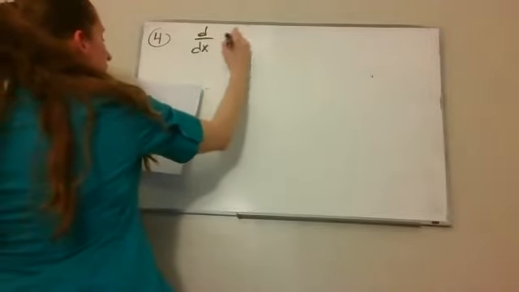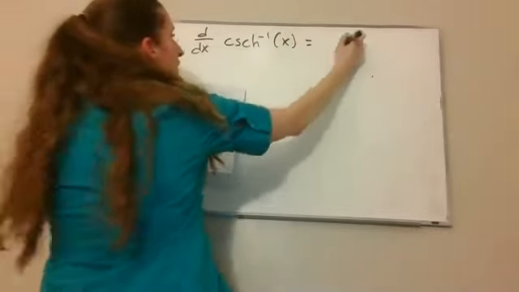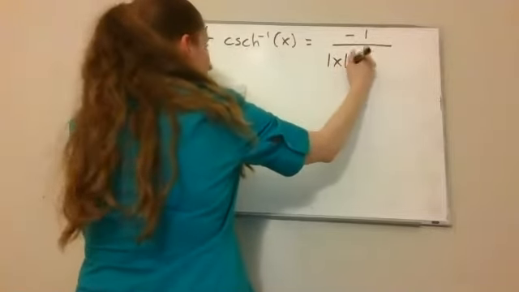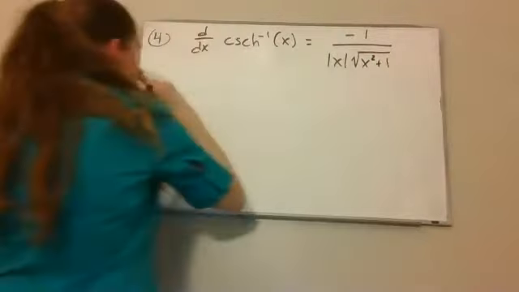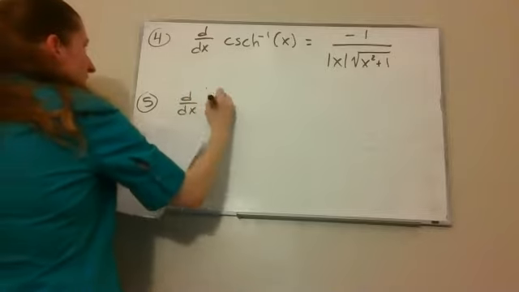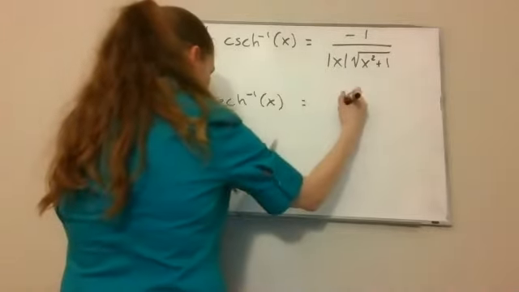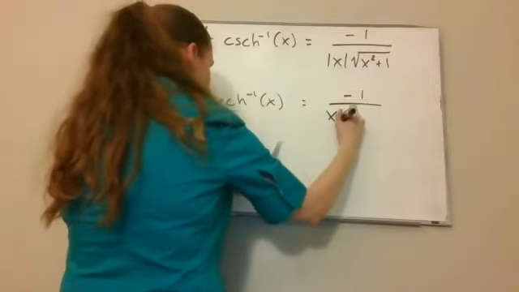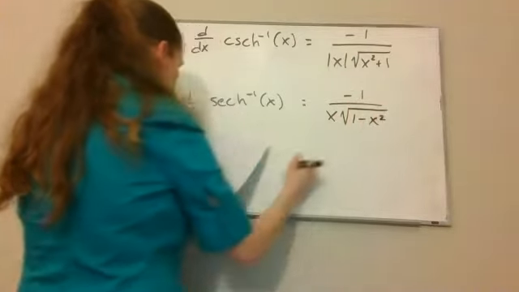The derivative of a hyperbolic cosecant inverse is -1 over the absolute value of x times the square root of x squared plus 1. The derivative of hyperbolic secant inverse is equal to -1 over x times the square root of 1 minus x squared.